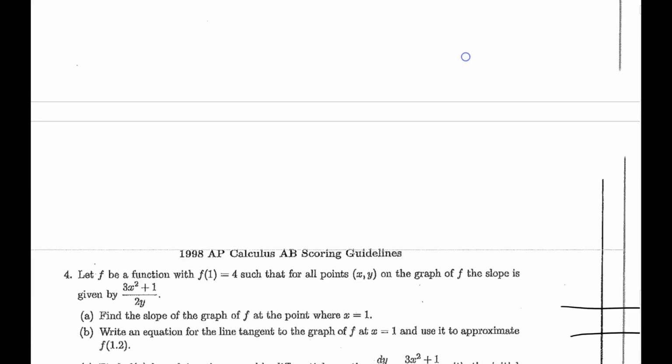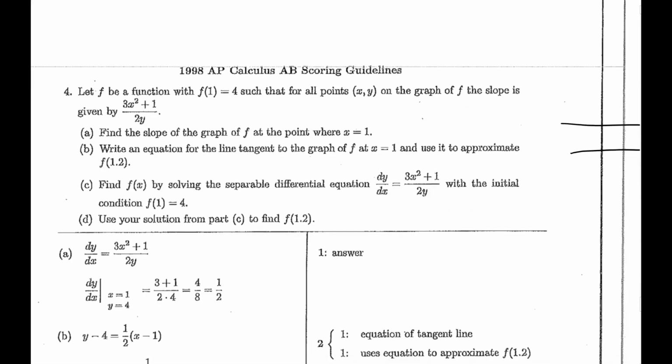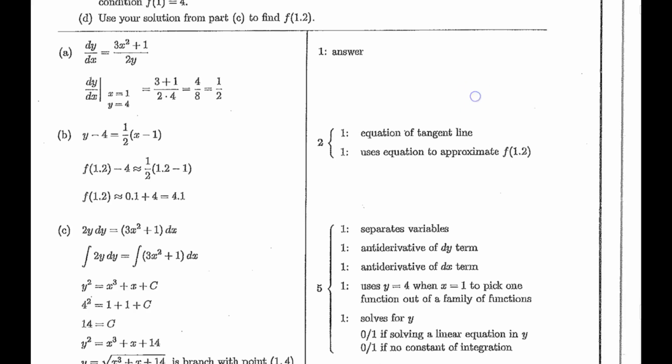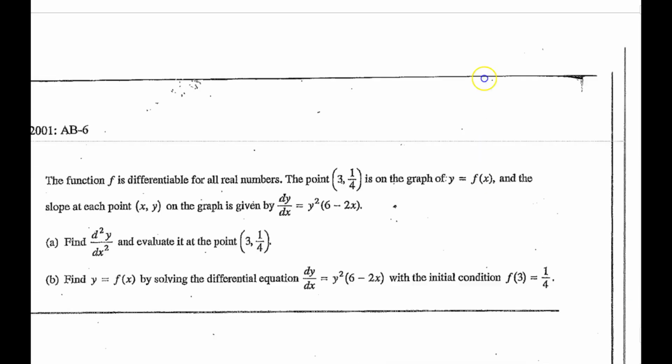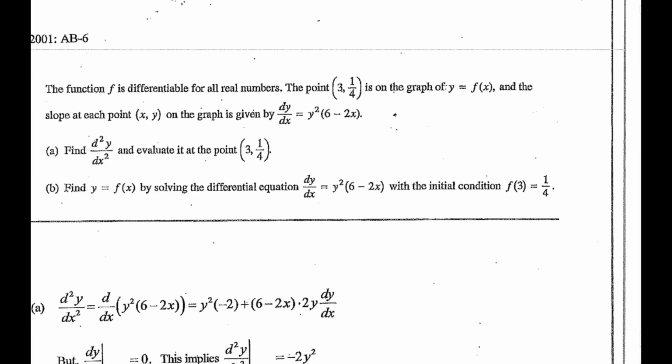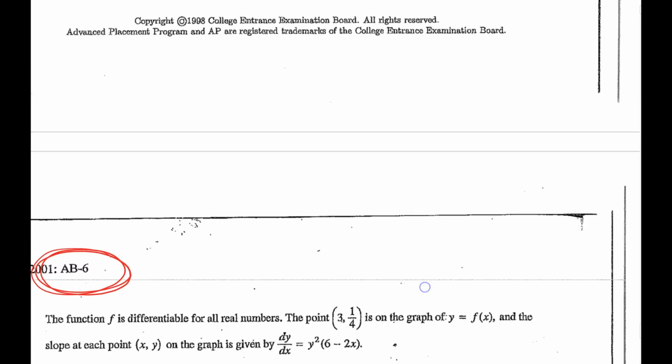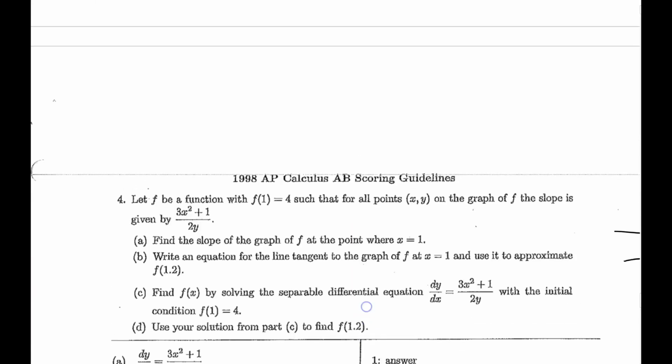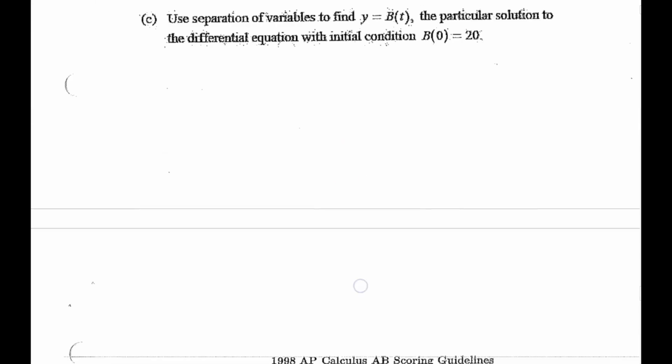The bird question, the 1998 one we did in class already, and this one, 2001 AB6. They are all in your DiffyQs packet. Once you finish the bird question and that last question, that makes this differential equations packet, I believe, finished completely, all right?